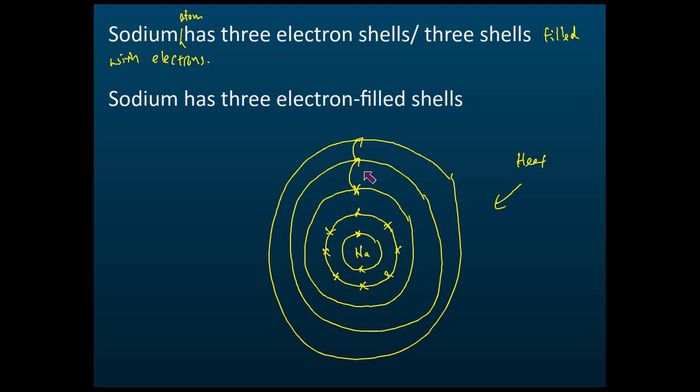It doesn't mean that if 3 shells are filled with electrons, it only has 3 shells. It actually has 7 shells, but some of the shells, especially those outside, are not filled with electrons. So if you say sodium atom has 3 electron shells, that's not correct. It has 3 shells filled with electrons, or 3 electron-filled shells, and that's correct.